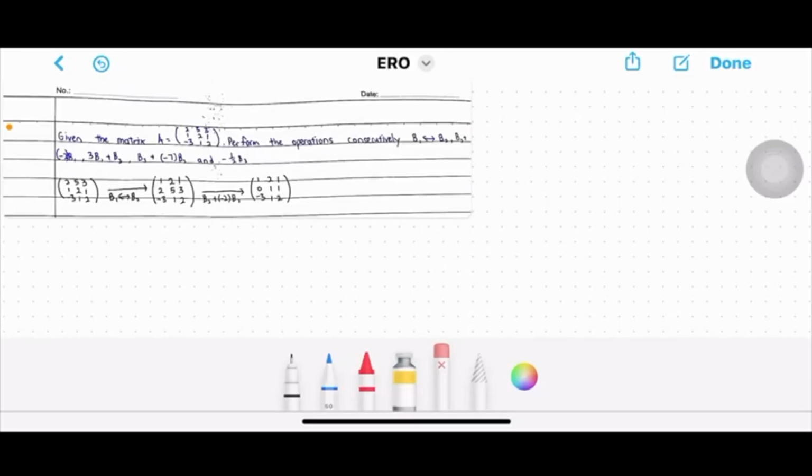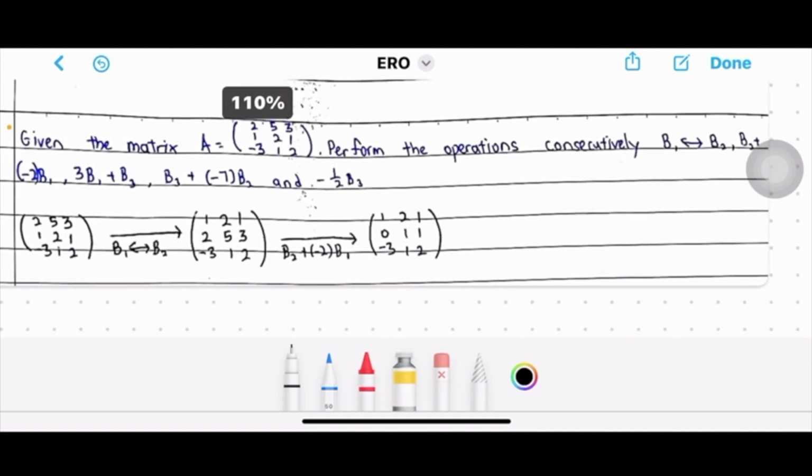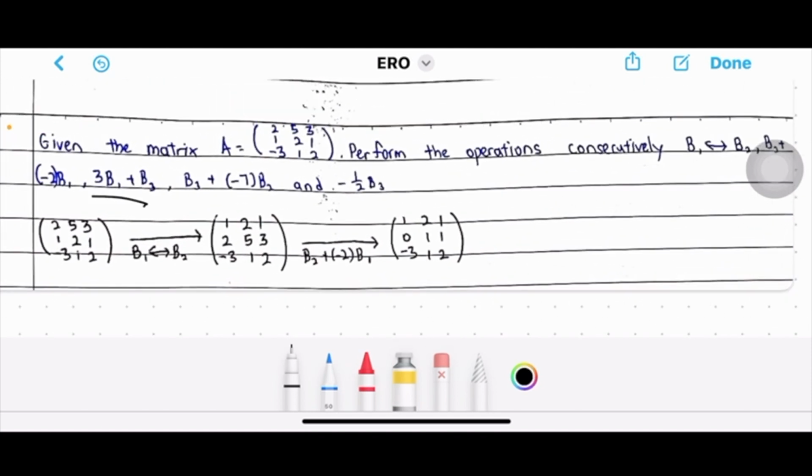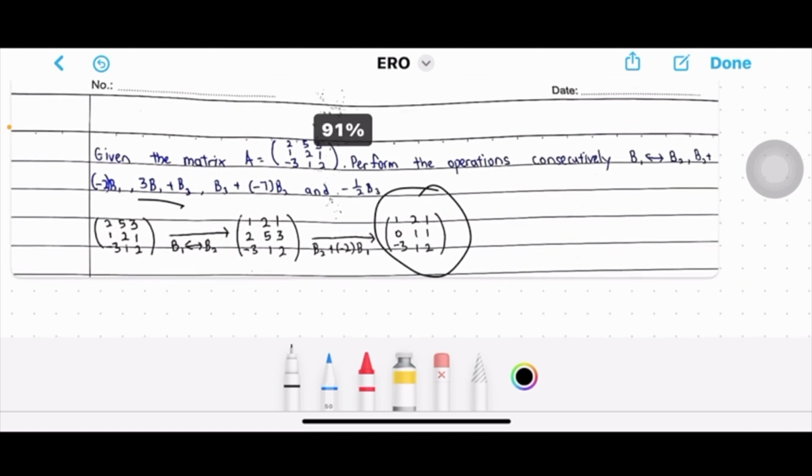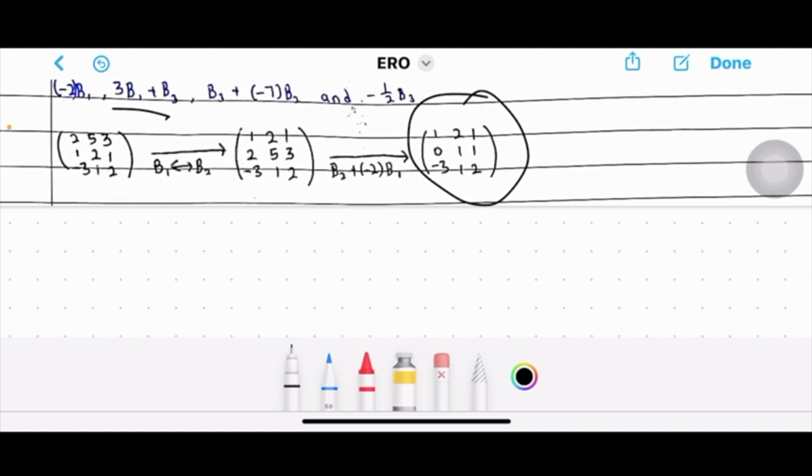Hi, I'm Justin, and now I'll continue with the third operation of this example: 3 times row 1 plus row 3. So we'll use this matrix to continue with the operation.